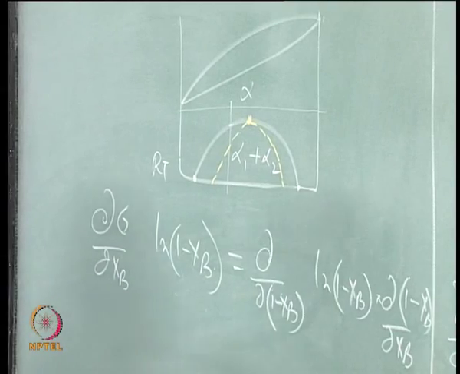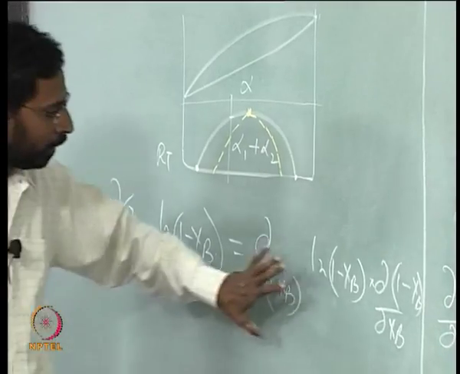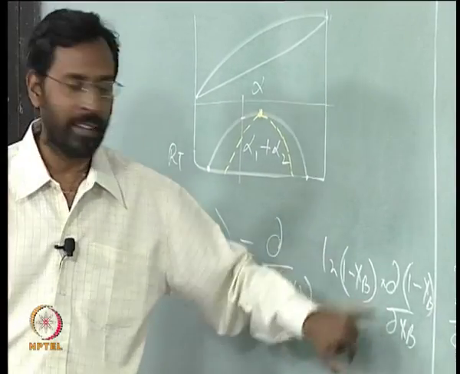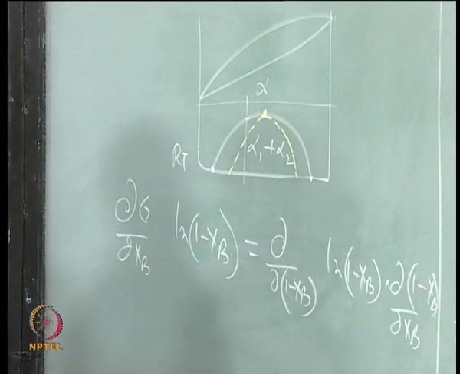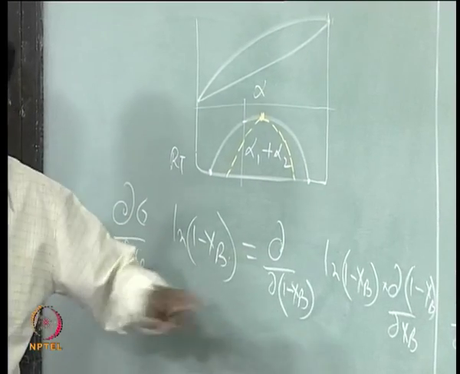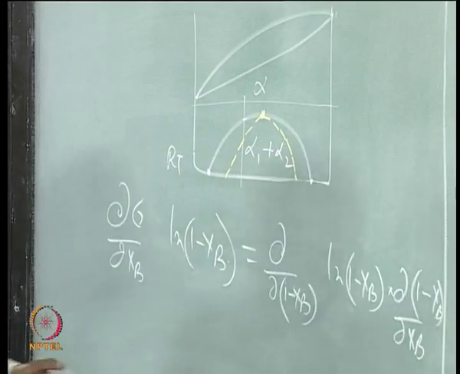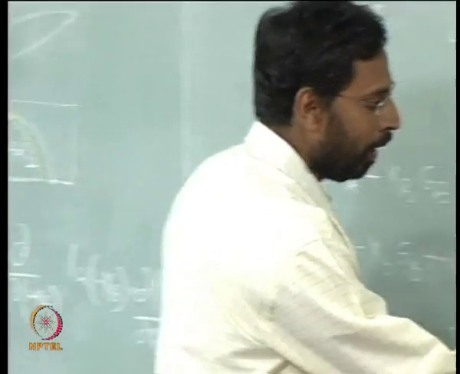I can always write like this. So I am dividing it into two parts, so that this is easy for me and this is again easy for me. So instead of dou by dou xb, I will take dou by dou 1 minus xb.